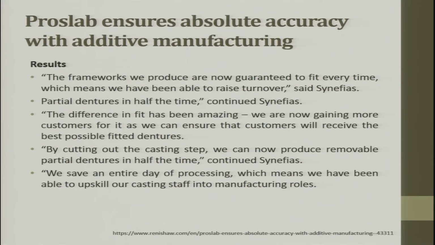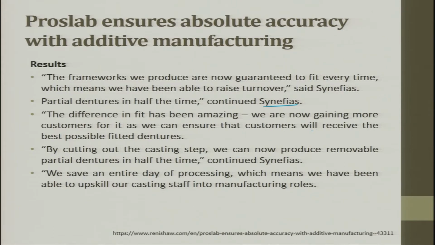Partial denture production has been halved in time. The difference in fitting has been amazing. We are now gaining more customers as we can ensure that customers will receive the best possible fit dentures. By cutting down the casting step, we can now produce removable partial dentures in half of the time.